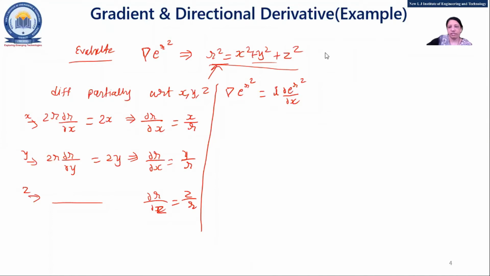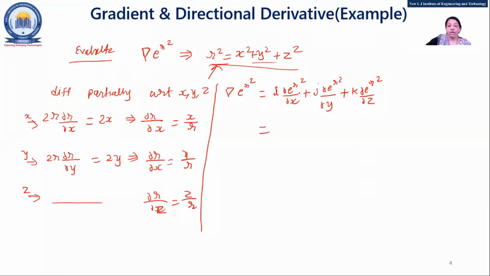Jainil, noted down, right? Equation number 5. Fine. Plus j ∂(e^(r^2))/∂y plus k ∂(e^(r^2))/∂z.